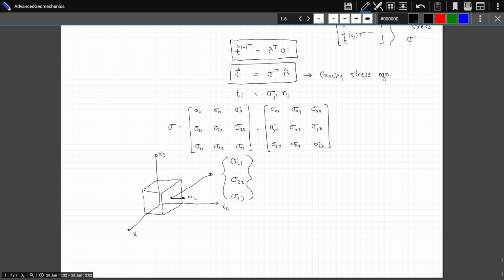The first index indicates the face that it's acting on, defined by the coordinate system and the unit vector coming out of that face. And the second index is the component. So all these have the leading 2, meaning it's acting on the 2 face, and then it's the 1, 2, 3 component of that.